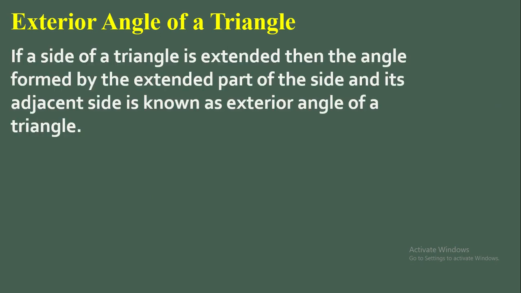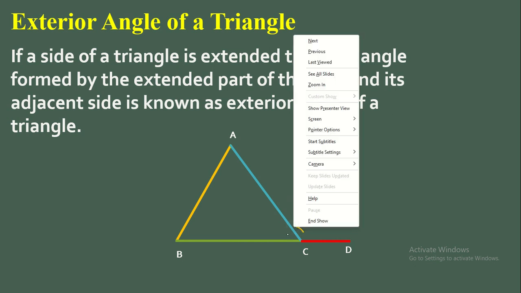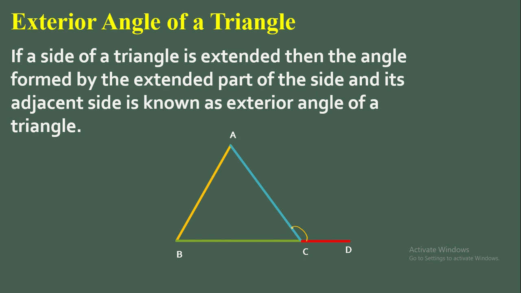If a side of a triangle is extended, for example, we have a triangle here, and we extend one of its sides, just like here, BC is extended to point D, then the angle formed by this extended part CD and the adjacent side, which is AC, is known as the exterior angle of the triangle.